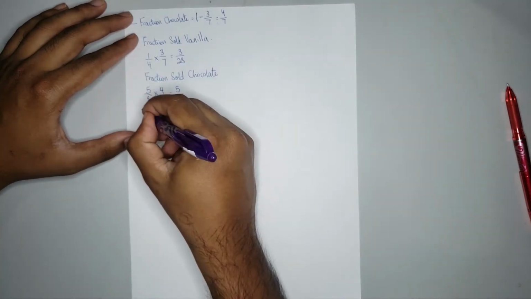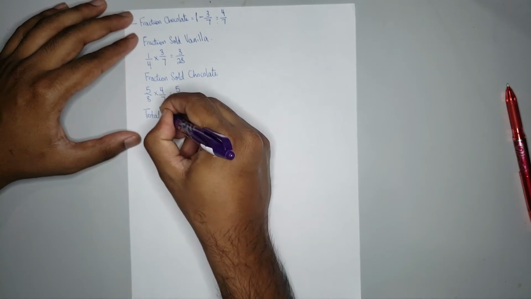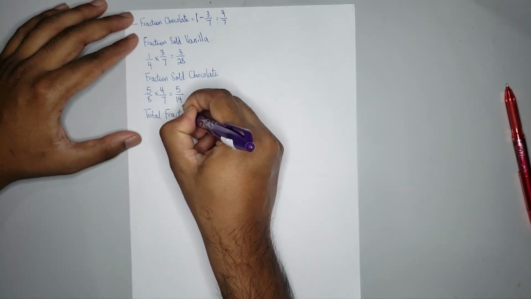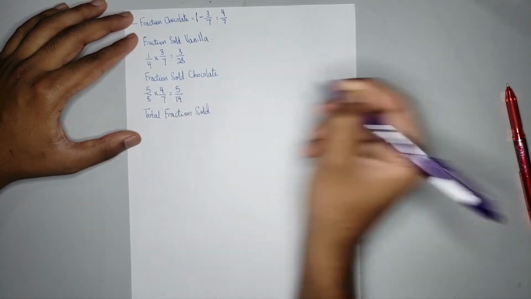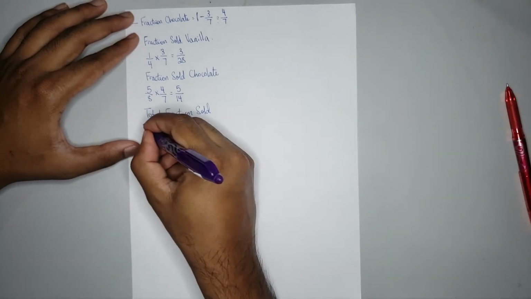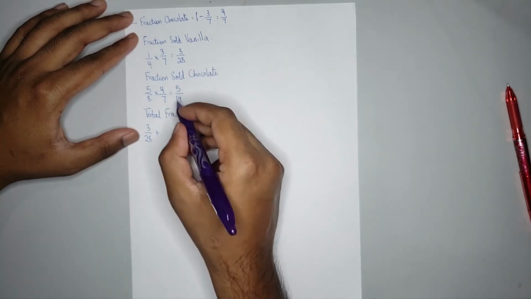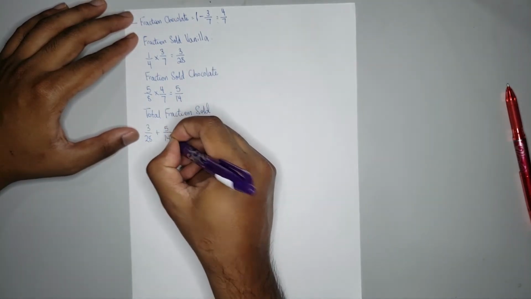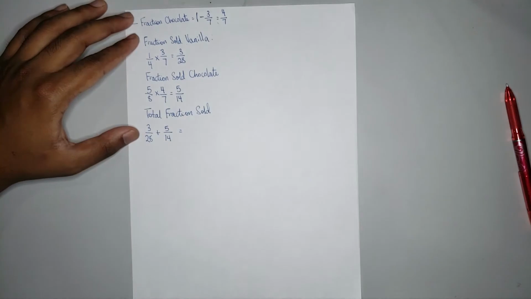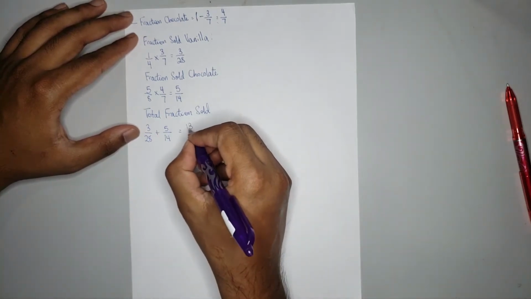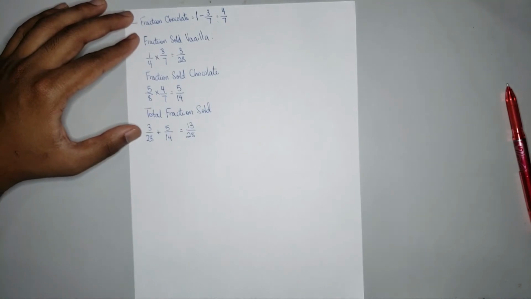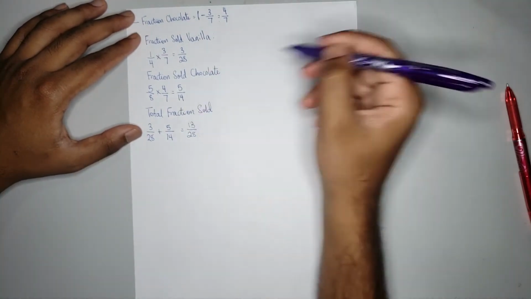We need to calculate the total fraction sold, and the total fraction sold will be the 3/28, which is the vanilla, plus the 5/14, which is the chocolate. The common LCM there will be 28, so 3/28 plus 5/14 is equal to 13/28. So the total fraction sold was 13/28.